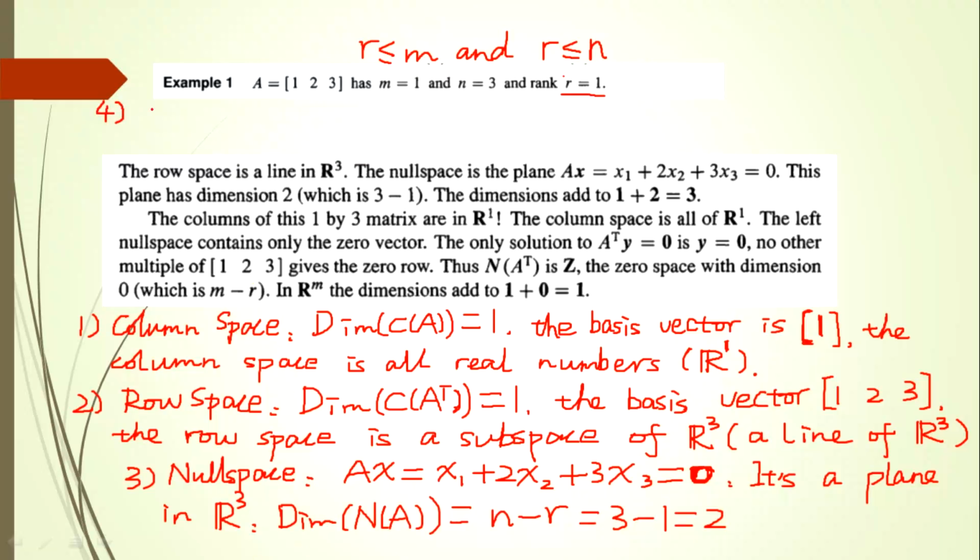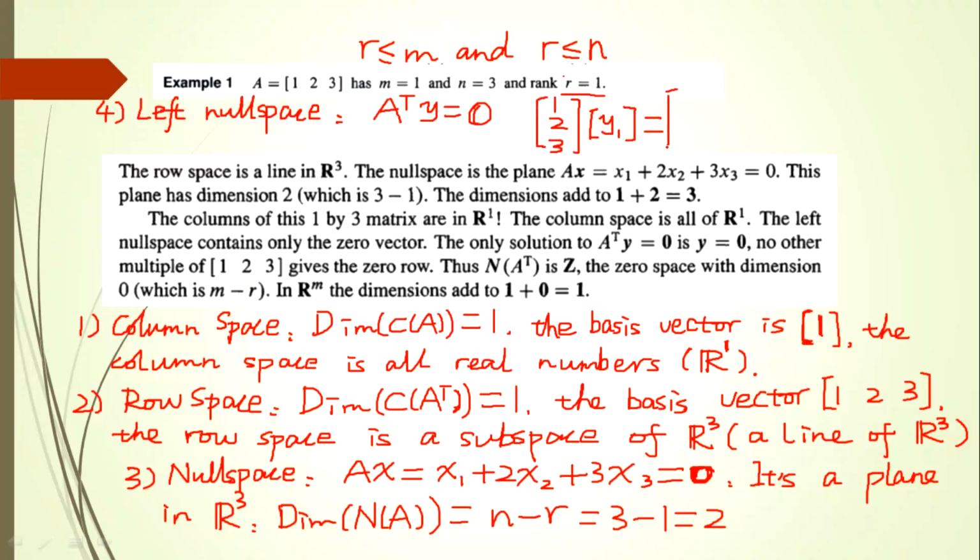Number 4, let's check the left null space, which is A transpose y equals the 0 vector. So that will be 1, 2, 3 times y. Y1, there is only one component, equals the 0 vector.